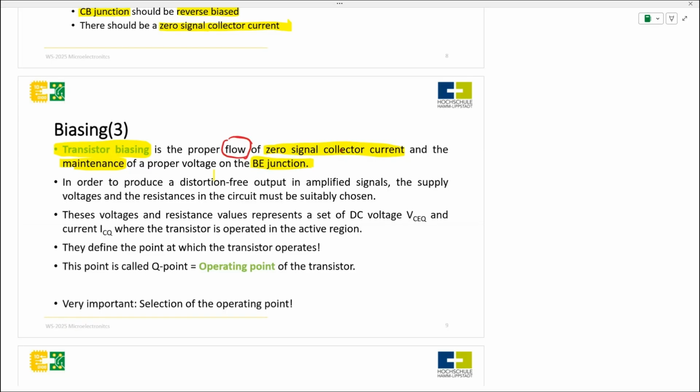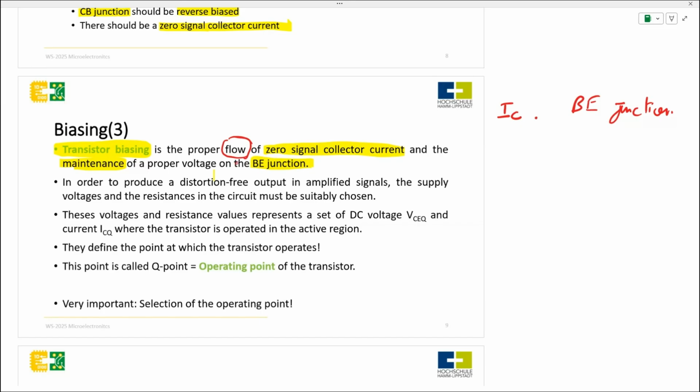Of a zero signal collector current. So when you are talking about a zero signal collector current and the maintenance of the voltage on the BE junction, you are talking basically about the transistor biasing.